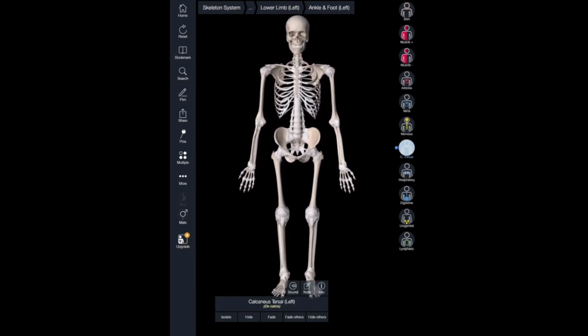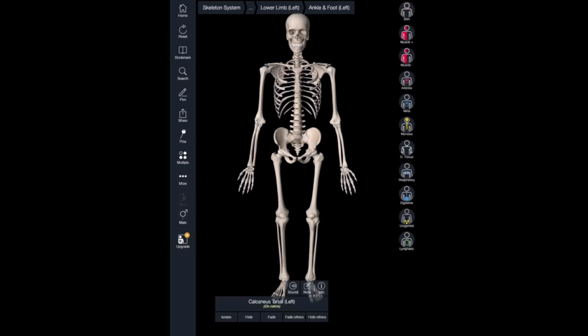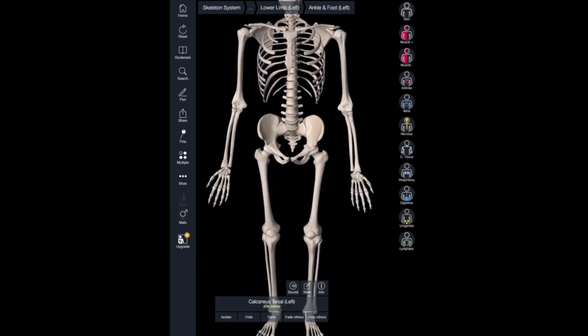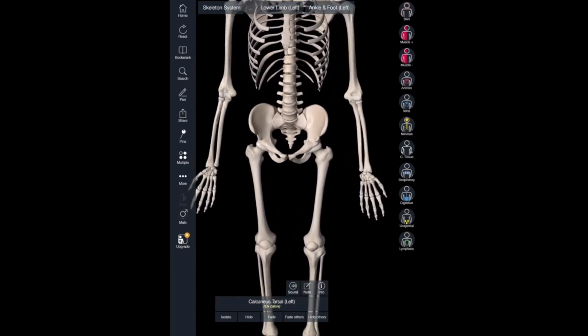That's just the extremity, though, not including the girdle. Okie dokie. And then remember the major landmarks on those bones. Again, I'm not going to go through all of them, but the landmarks that are palpable and the landmarks that make up articulations. Okay, all right, so that's it for our skeleton review.